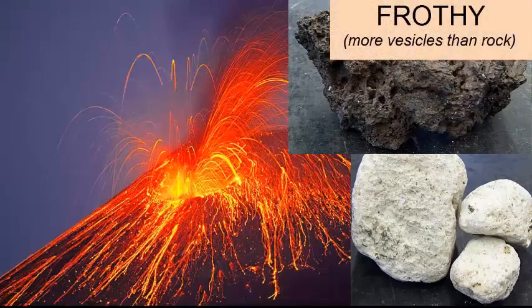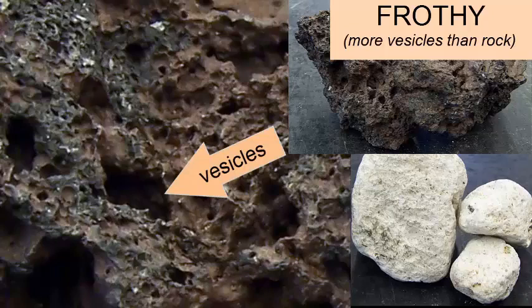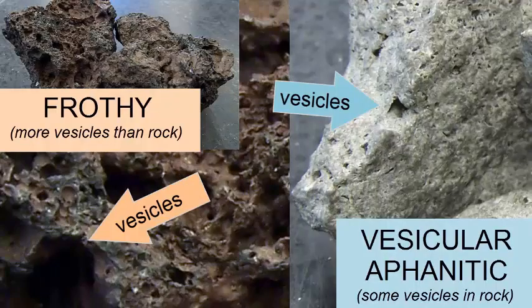They form a texture known as frothy, a combination of solid glass riddled with 50% or more vesicles, holes left by escaping gas. Note: often lava flows will also cool around escaping gas. Vesicles will also exist in these aphanitic textures. Only when the amount of vesicles is equal to or larger than the amount of rock do we call the texture frothy.